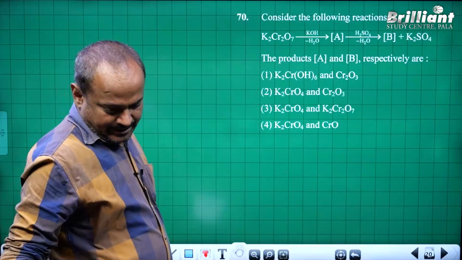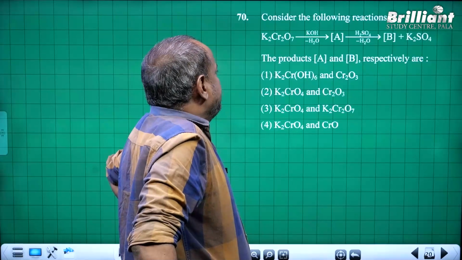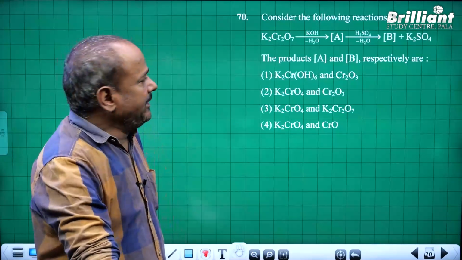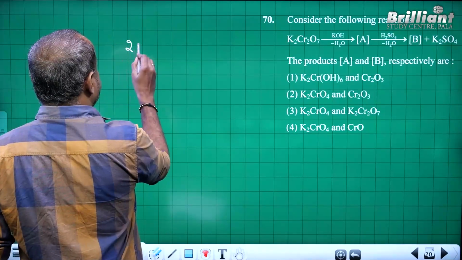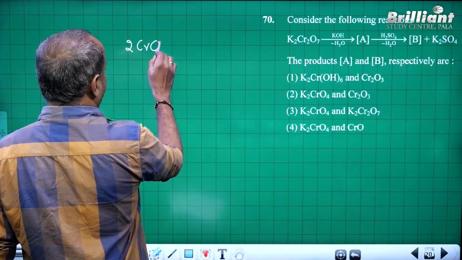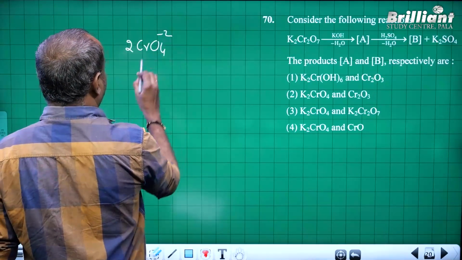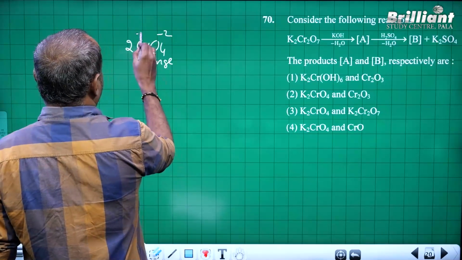Next, question number 70. Potassium dichromate in basic medium. Dichromate and chromate are interconvertible in different media. Chromate is yellow with chromium in plus 6 state.